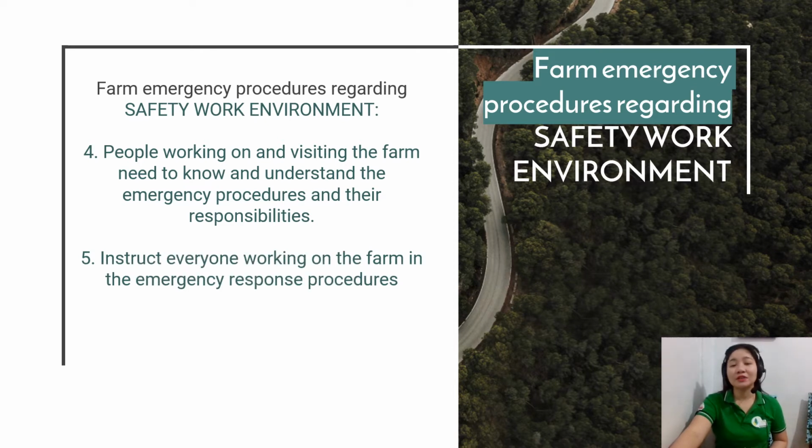Also instruct everyone working on the farm in the emergency response procedure. Everyone should know the location of fire alarms, fire extinguishers, and first aid kits, how and where to contact emergency services, and where to safely assemble in the event of an emergency.